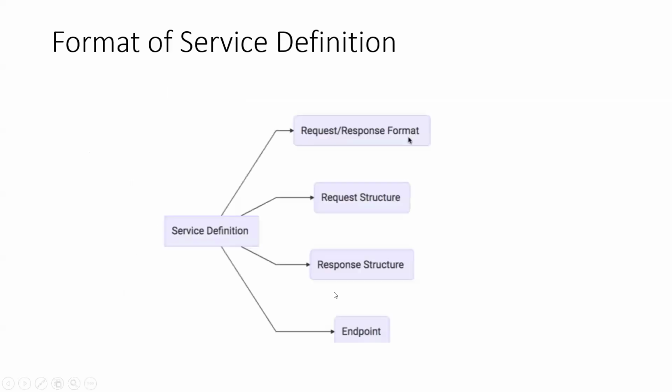Okay, now coming back to the next slide. This is what the particular service definition looks like. In my service definition documentation, I can have the request and response format, the request structure, the response structure, and the endpoint you need to consume. For example, the service provider might have exposed multiple endpoints, not only weather.